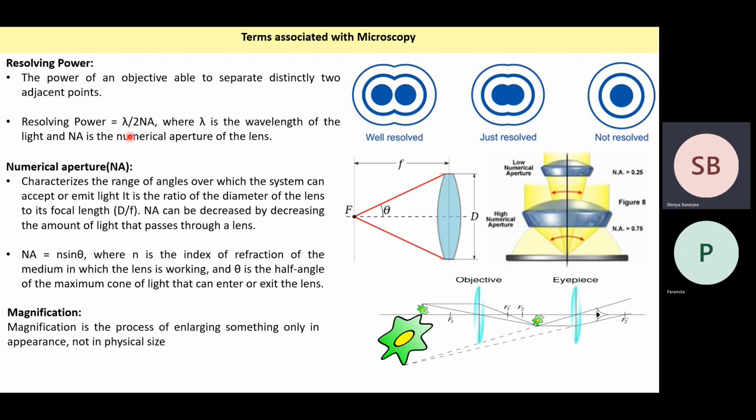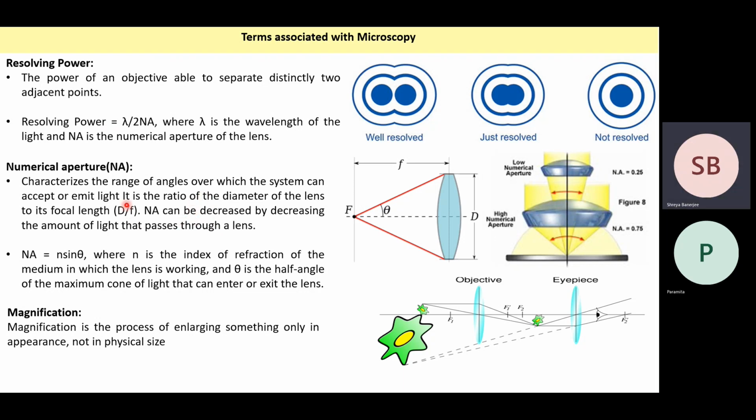There is a numerical formula to calculate the resolving power, and that is lambda by 2NA, where lambda is the wavelength of the light that is falling on the microscope, and NA is the numerical aperture of the lens. So what is the numerical aperture? This term, the numerical aperture, characterizes the range of angles over which the system can accept or emit light.